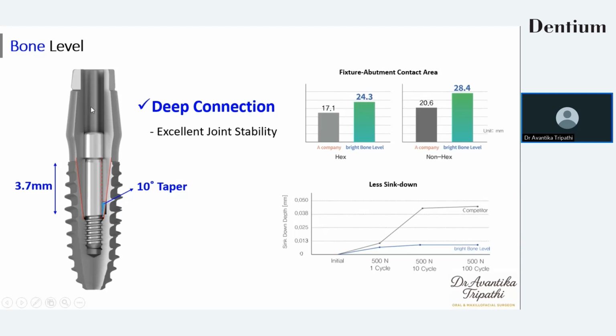The abutment seats inside the fixture at a depth of 3.7 mm, which is its key feature and provides excellent joint stability to the system. This is a very good depth at which the abutment seats inside the fixture.